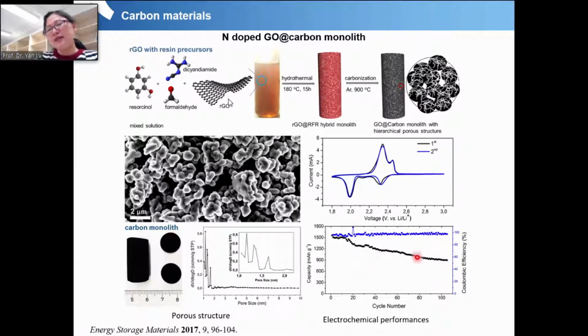This is really because such a porous carbon cannot give 100% suppression of the polysulfide shuttling effect. That's why you always have a little bit of this fading. But for another example, we can show that using metal-based compounds, you can really have much better performance.